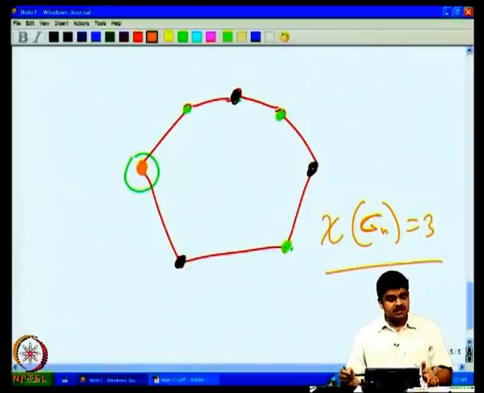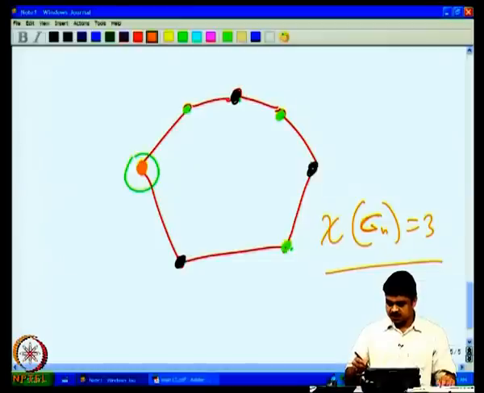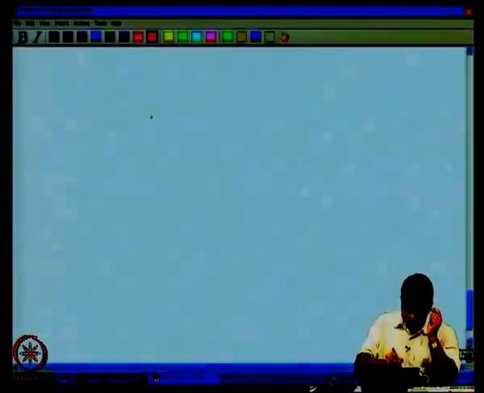When you consider the couple of examples we considered, the even cycle and trees, both of them required only 2 colors. If you remember the definition of the bipartite graph, both of them are bipartite graphs. Why are both of them bipartite graphs? Because the tree is like this.